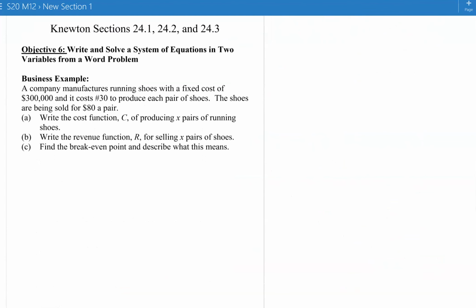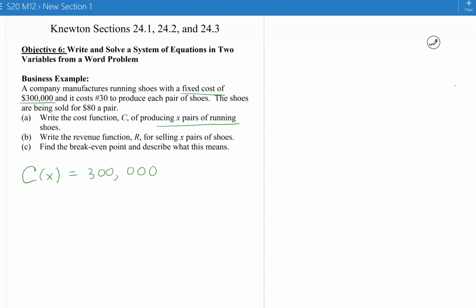Okay, so let's look at a few word problems. And we have a company making running shoes with a fixed cost of $300,000. So we're going to have a cost function where x is the number of pairs of running shoes. And so fixed costs happen even if you're not making any shoes.